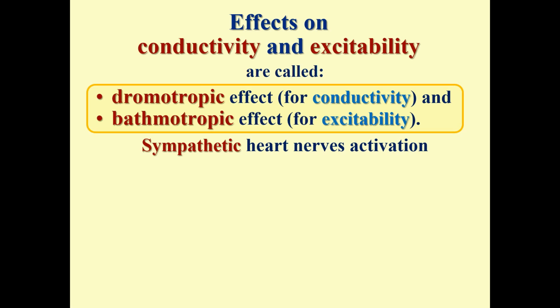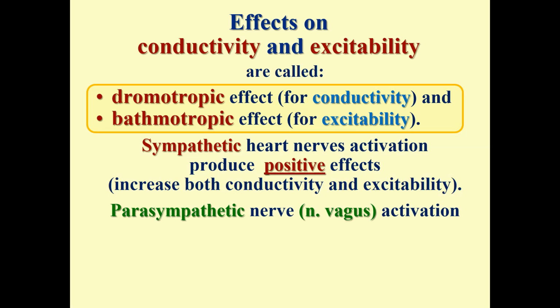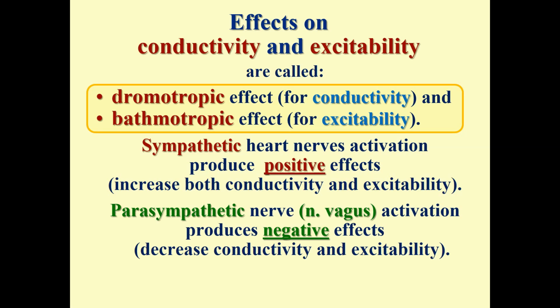So these both effects, again, for the sympathetic system are positive because it increases conductivity, so conduction goes faster between cells, both in the conductive system and in typical cells, which also conduct faster. Excitability also becomes higher. As for the parasympathetic nerve, here we have both negative effects.